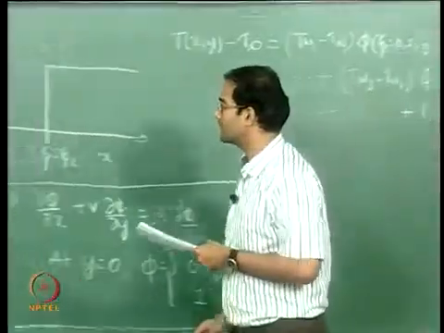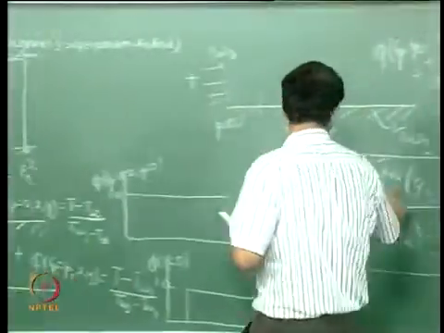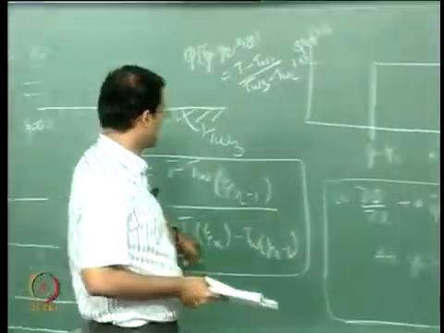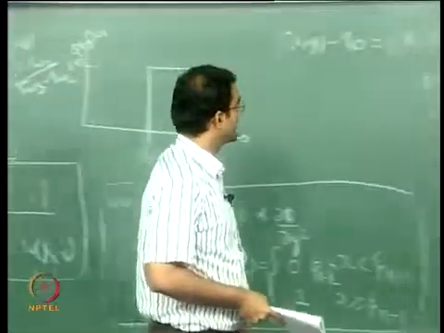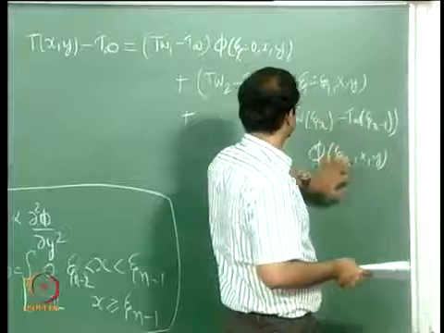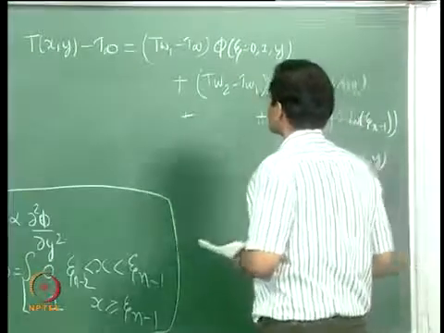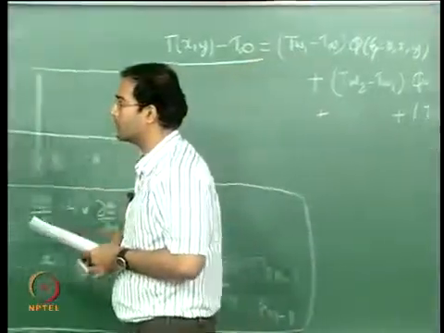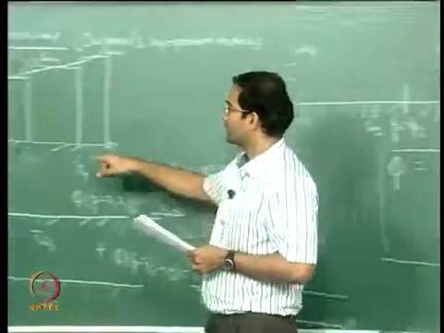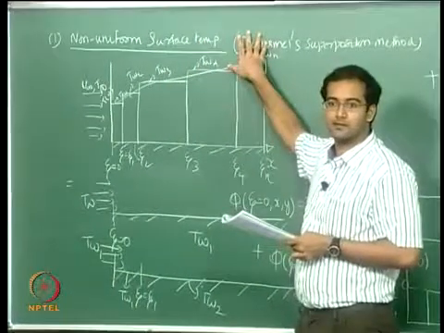So that is your final expression. T wall eta n minus T wall eta n minus 1 is the last term. You keep adding up all these solutions such that finally you get the solution to the problem where you have a variation like this in the boundary condition.